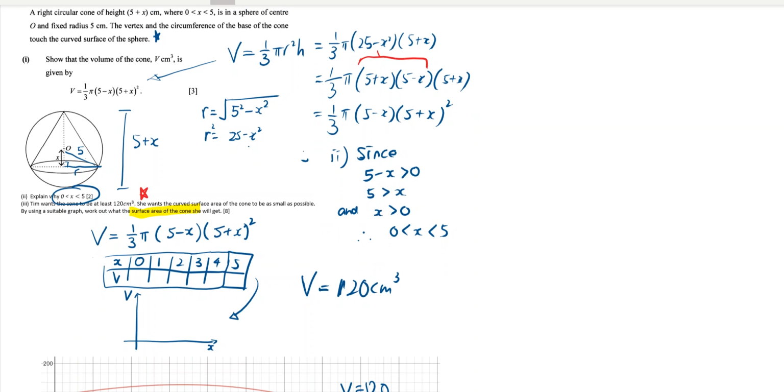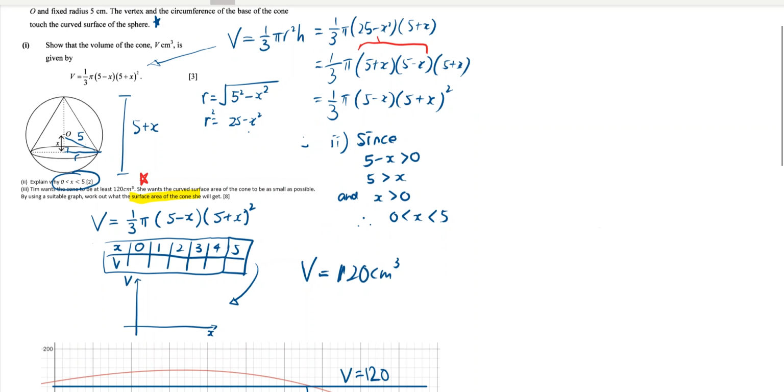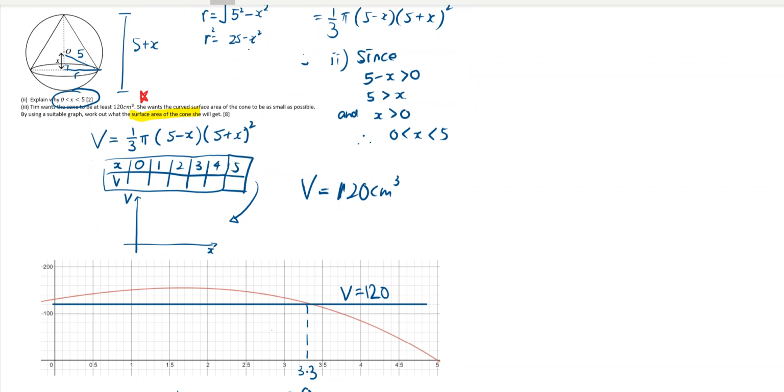Find out what is the equation that they want. If they ask you to draw the graph, let V be the y-axis and let x be the x-axis. Draw a graph, input the values that you want. There are no wrong values. If you want to put 1, 1.5, 2, 2.5, that is also perfectly okay.